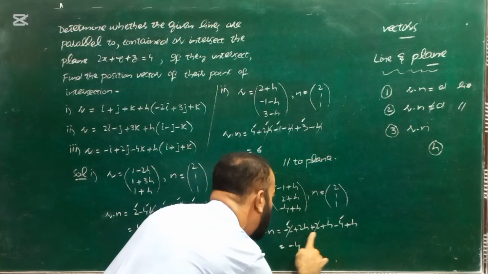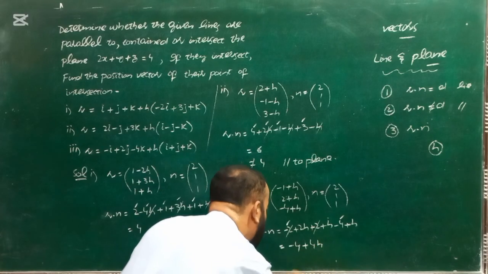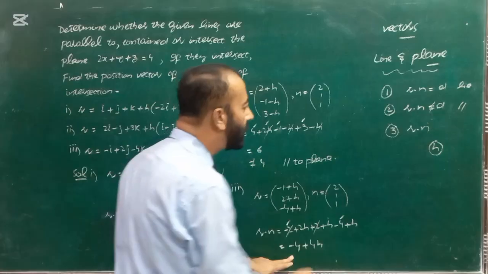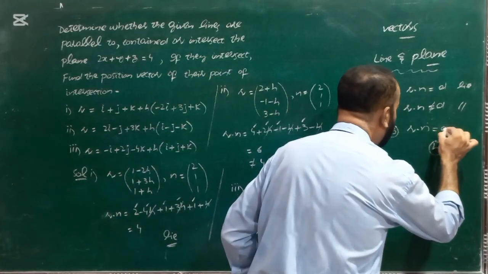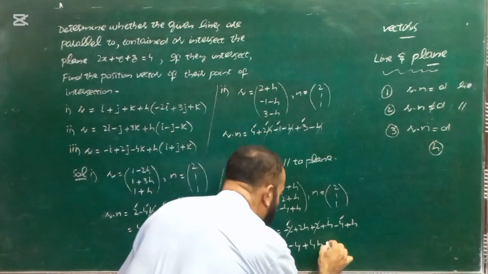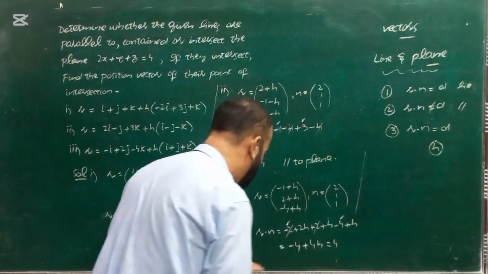Okay, 2 lambda plus lambda will be 3 lambda. So because this is an equation involving lambda, now we will take it equal to d, and d is equal to 4. So this will be taken equal to 4. Okay, the rest of the question will be solved here.